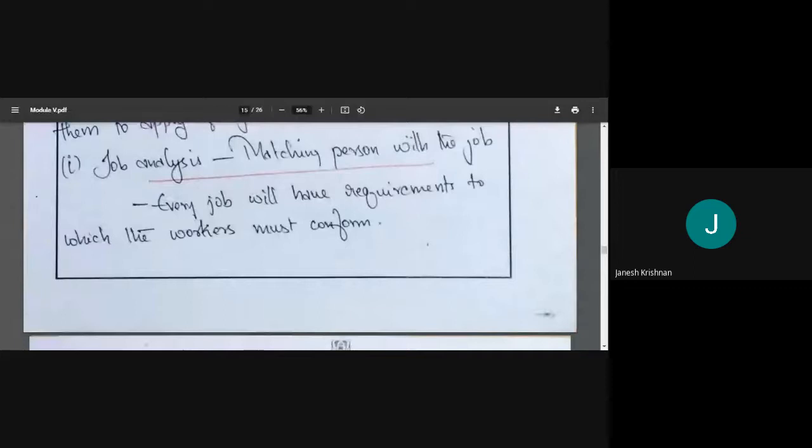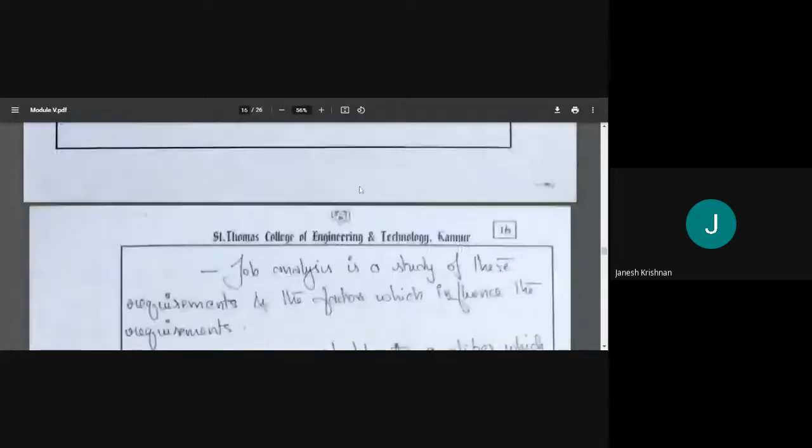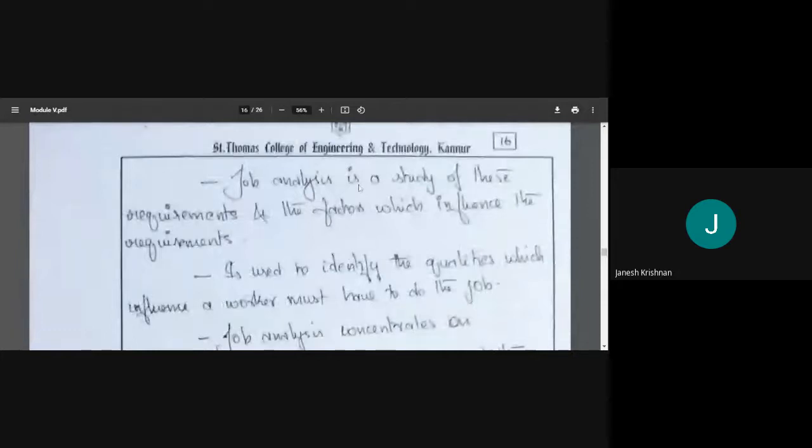So what is job analysis? We know every single job will have certain requirements which have to be met or satisfied by the person who has to perform the job. Like if you have a job translating English to Malayalam, you must know English, right?